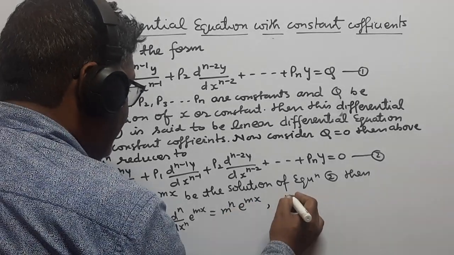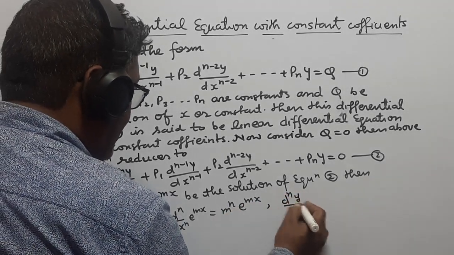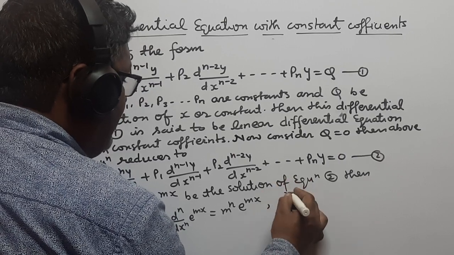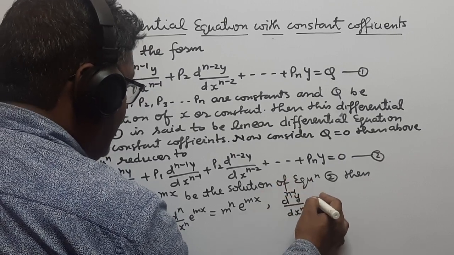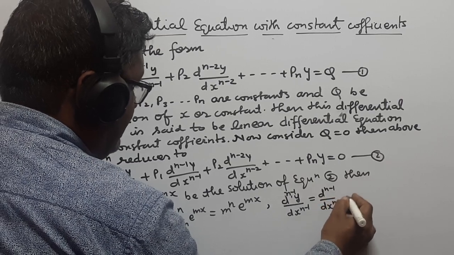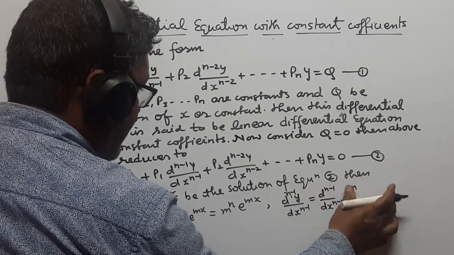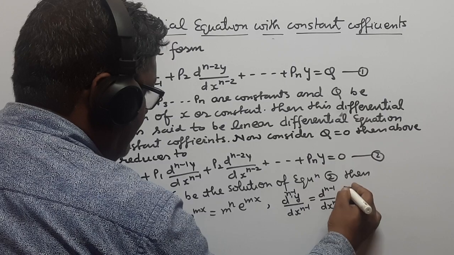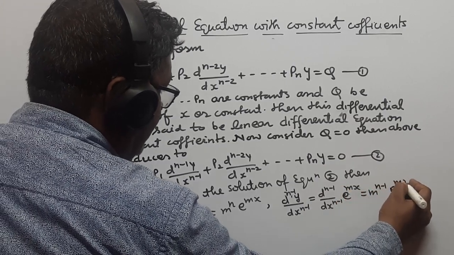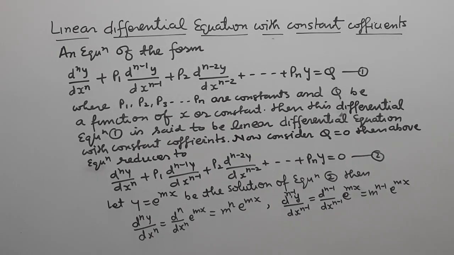Similarly, if we differentiate y n minus 1 times with respect to x, we get m to the power n minus 1 multiplied by e to the power mx.